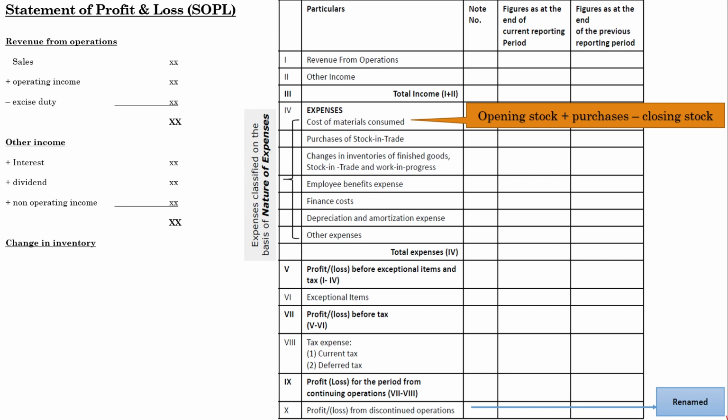Adjustments for change in inventory, that is the difference between the opening stock and closing stock, are given under this head. If closing stock is less than the opening stock, the amount of decrease is shown as a positive adjustment. On the other hand, if closing stock is more than the opening stock, the amount of increase is shown as a negative adjustment.